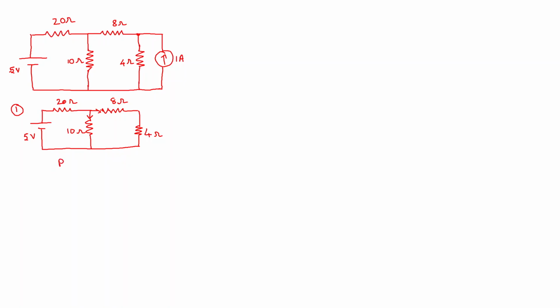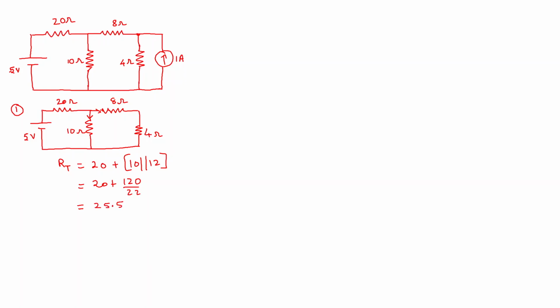So the total resistance in this circuit is 20 added to 10 parallel with 12, which is equal to 20 plus (10 into 12) 120 divided by 22, which is approximately 25.5.